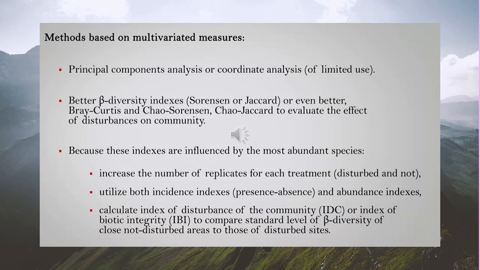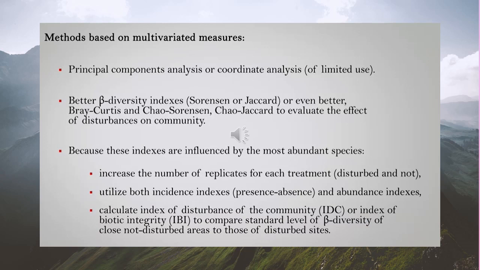The third way to assess the impact on biodiversity is methods based on multivariate measures. These are called principal component analysis or PCA, or coordinate analysis, but sometimes they have limited use.